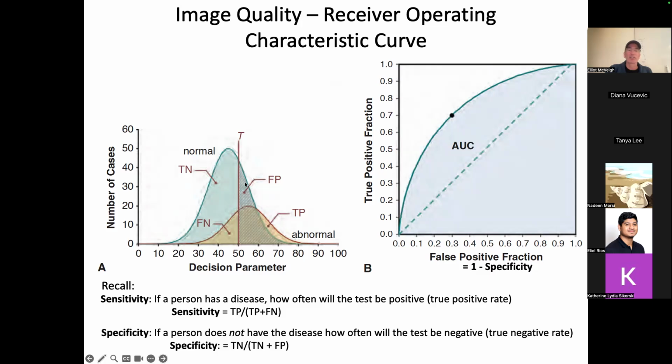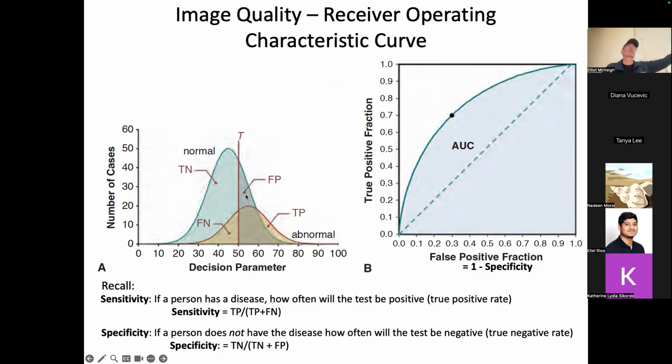This is the distribution of normal people that walk through the door. This is the distribution of abnormal people that walk through the door for that parameter that we're measuring with our imaging technique. And here's the threshold. This area under here are the true positives. I call them positive and they are positive. This area, this tail here, is the false positives.